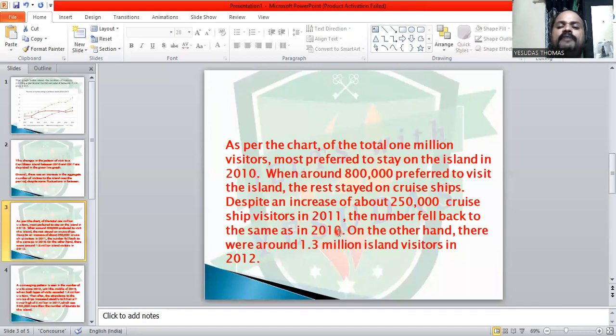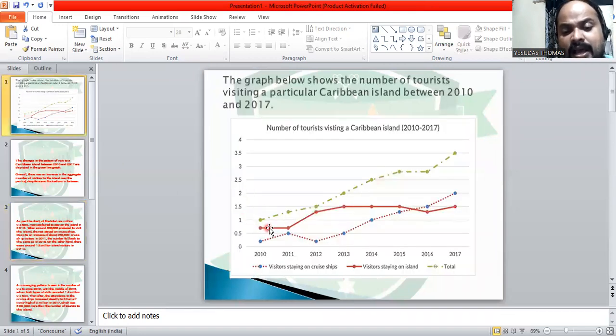Despite an increase of about 250,000 cruise ship visitors in 2011, the number fell back to the same as in 2010. You can see that there is an increase in the number of visitors by cruise. Within a year, it fell back.